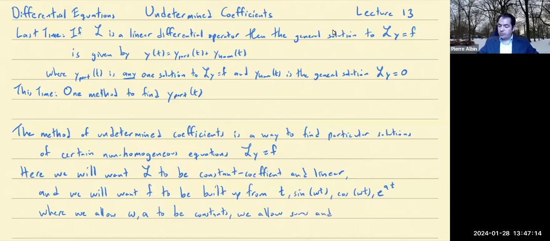We allow sums and products of these functions, but we do not allow compositions or quotients.